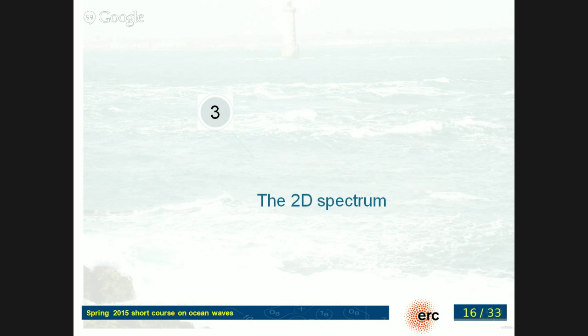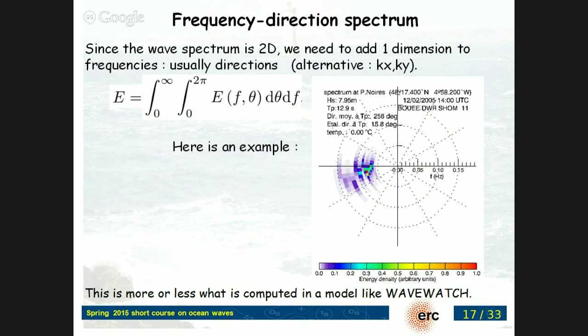All right, so we had a 1D spectrum, but as I told you, it's not enough to describe the sea state, because even if you make the assumption of irrotational motion and linear waves, the spectrum could be 2D. If you have frequency, it's only one dimension, you're missing something. So what has been done traditionally is to extend from frequency to directions.